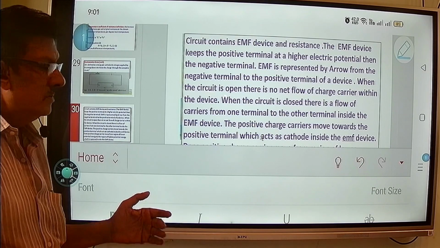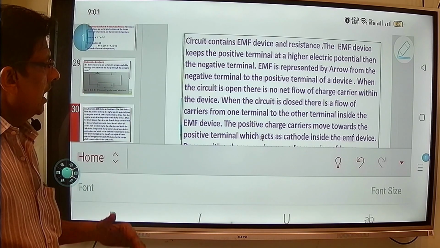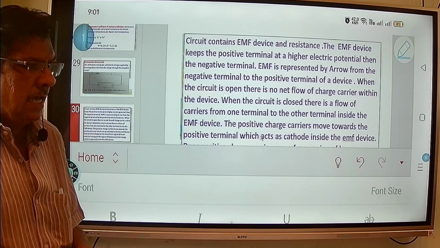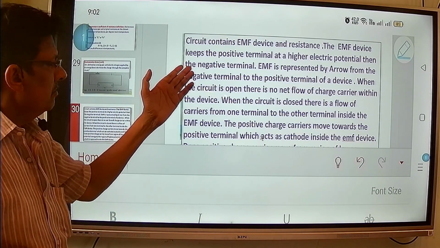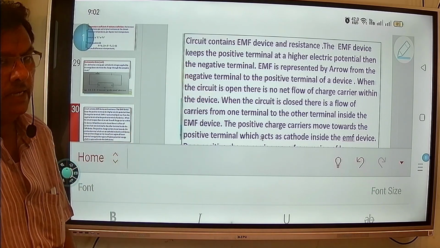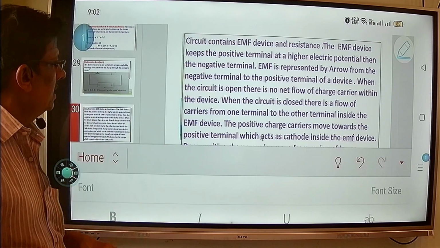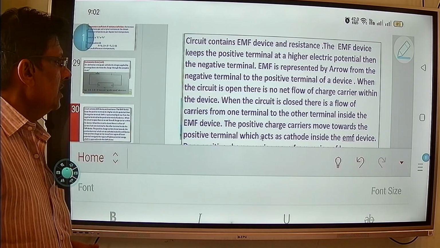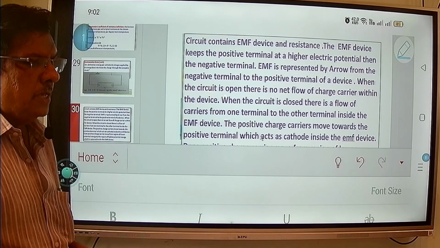Simple. Next, the EMF device has two terminals. One is the positive terminal, which is said to be at a higher electric potential. The other is the negative terminal, which is at a lower potential.